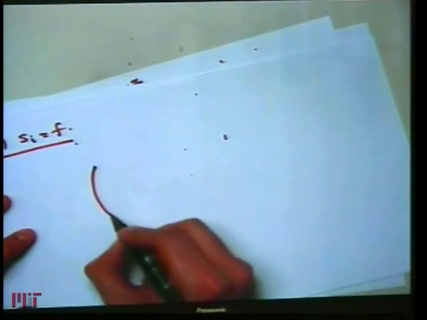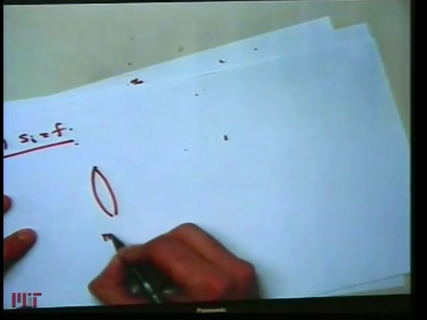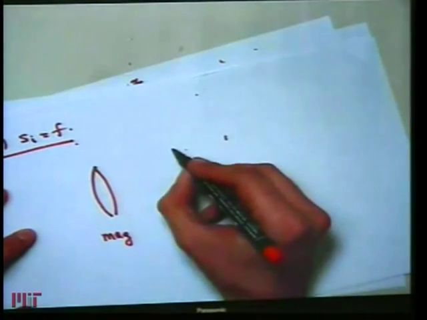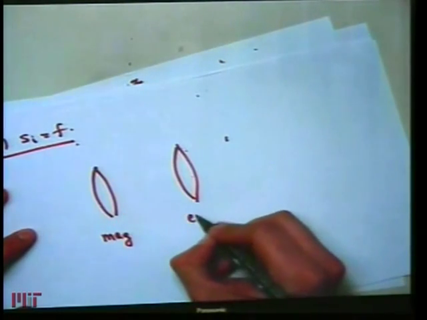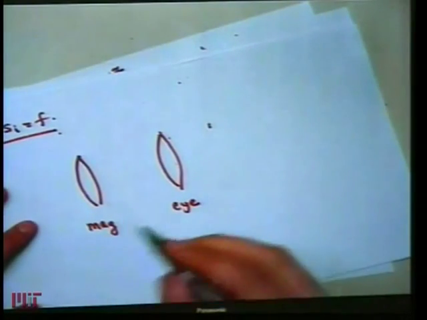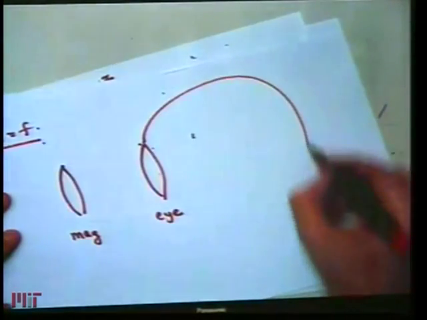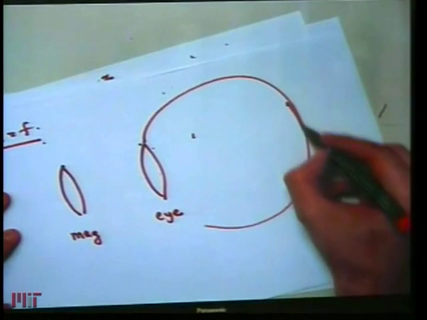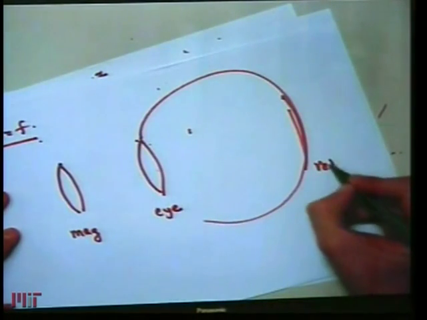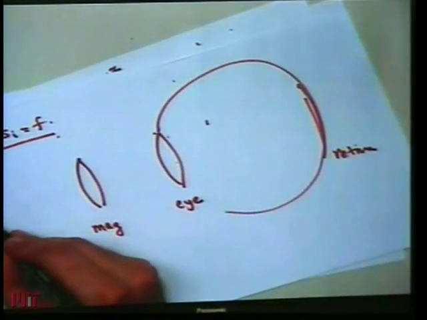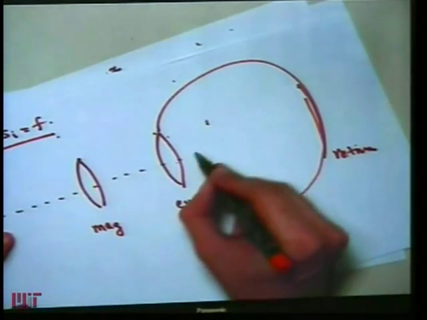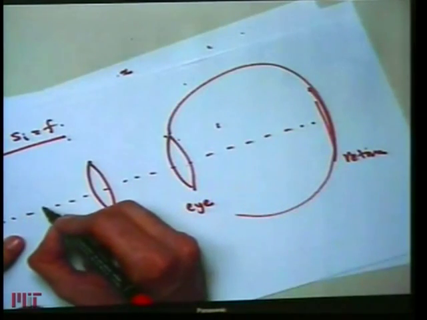Here is my magnifier. Here is my eye lens, that is. And of course the eye kind of looks like this, and this is the retina. And here is the optical axis, and here is the object.